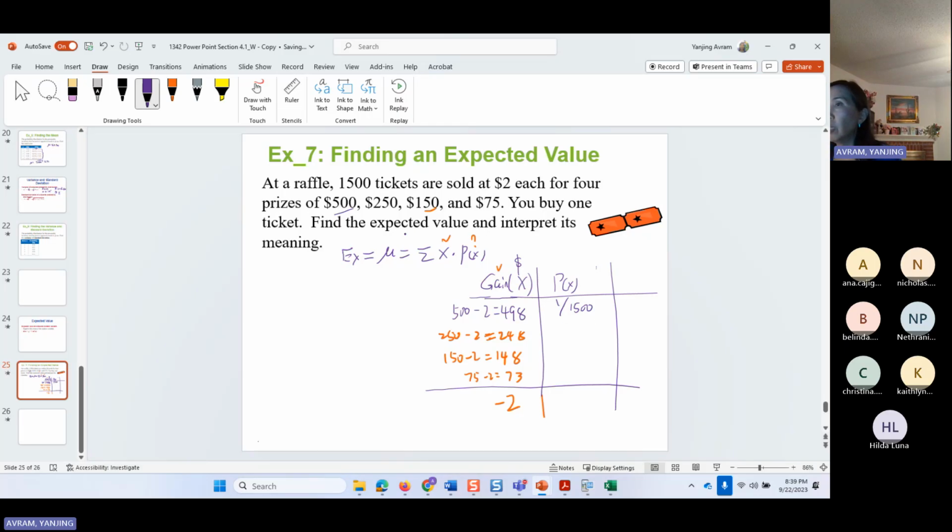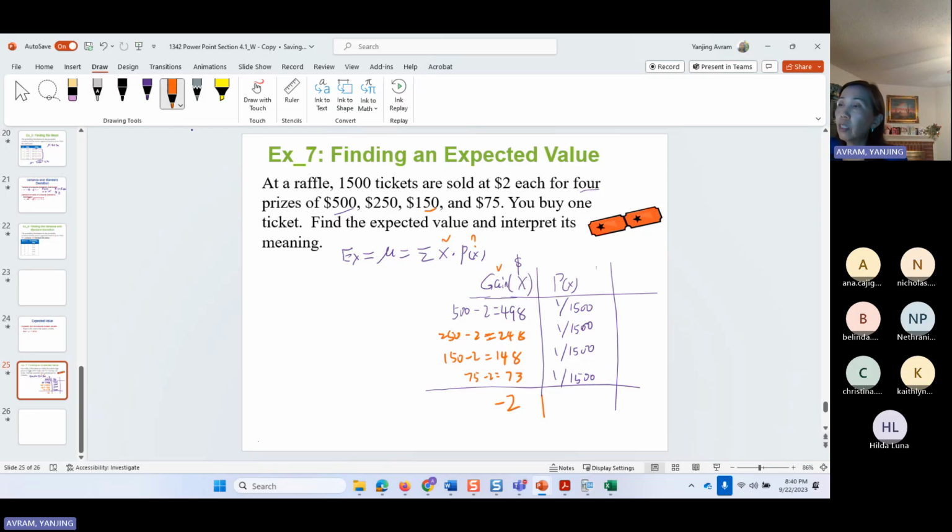Each of these 4 prizes has only 1 winning ticket, so the probability of winning the second one, the third one, the fourth one are all the same. So you have an equal chance of winning one of these 4 prizes.